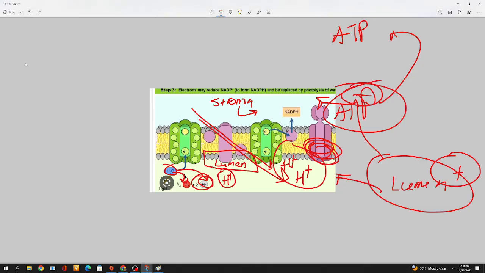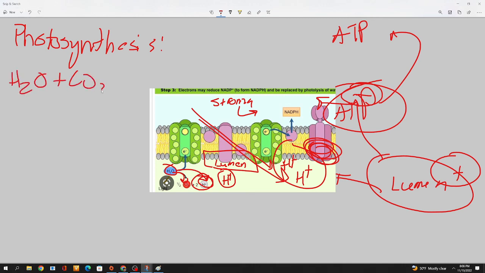And the overall equation of this is basically the same one as cellular respiration, but for photosynthesis you have the following. You're going to originally have H2O plus CO2.